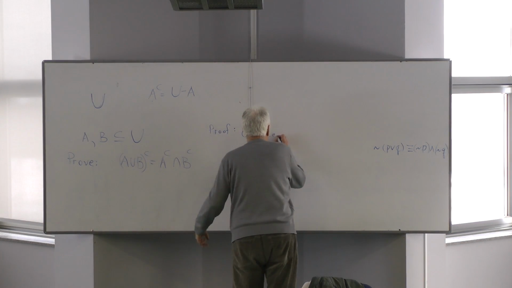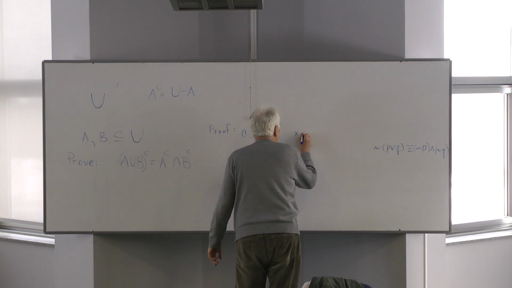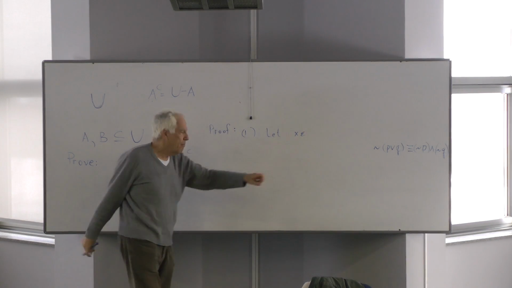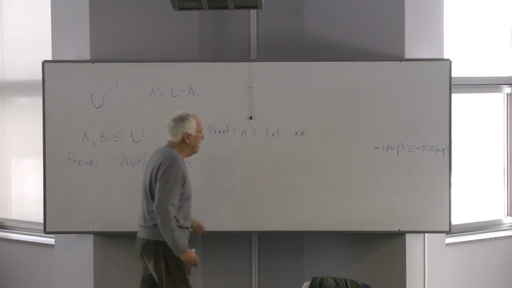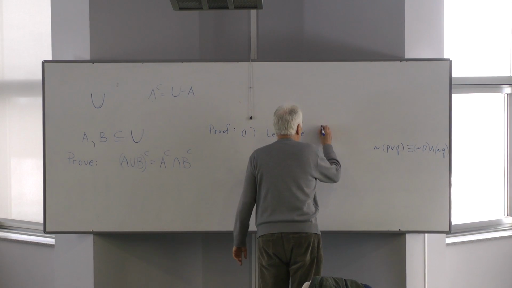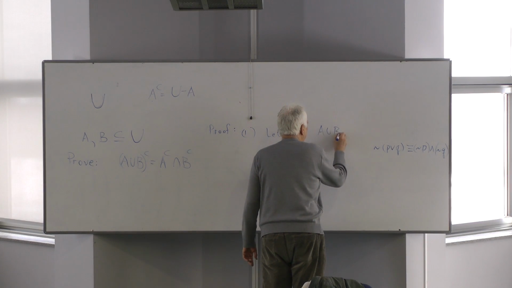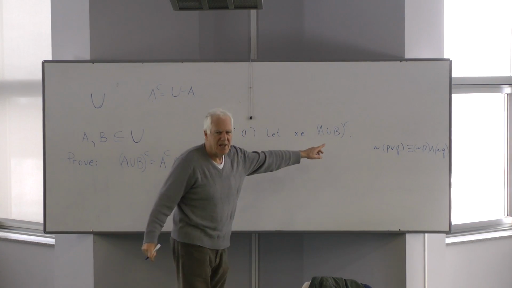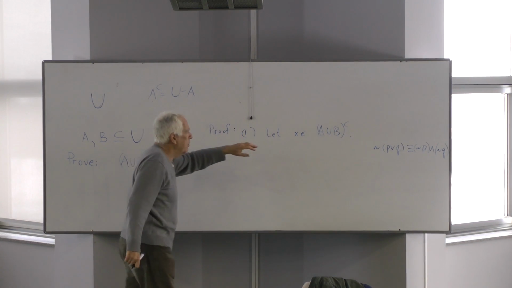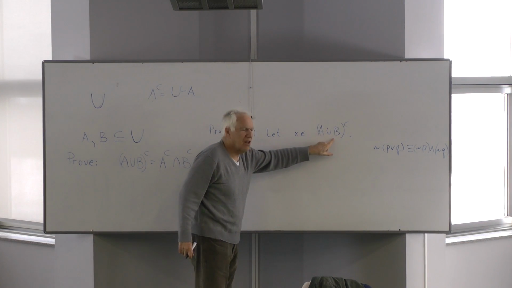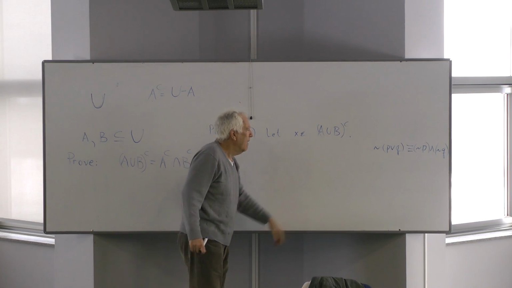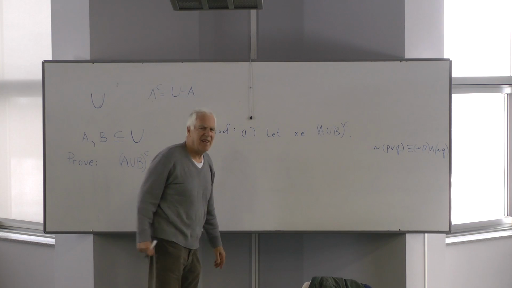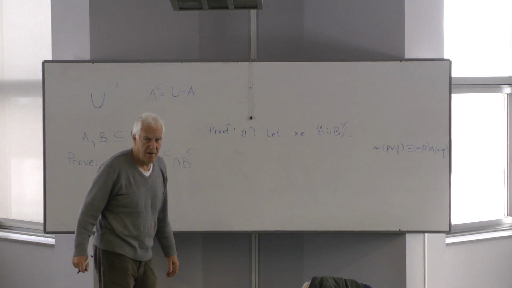Let X be in the left side. This means X is a member of the left side, (A union B) complement. Correct? So if you're not in a set, you see this is the complement of A. So it means you're not in A union B, correct?